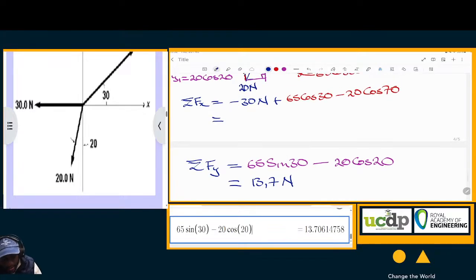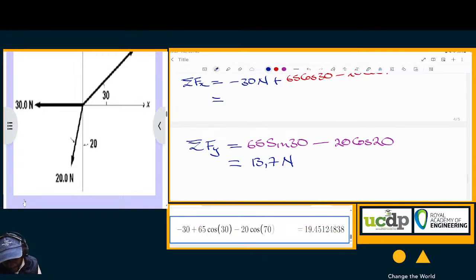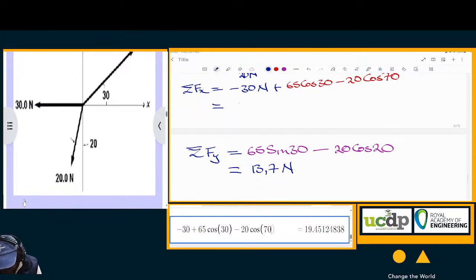And then you do the same for the x-axis, which is negative 30 plus 65 cos 30, plus, oh, it's a negative, minus 20 cos 70. You get 19.45, which is 19.5.